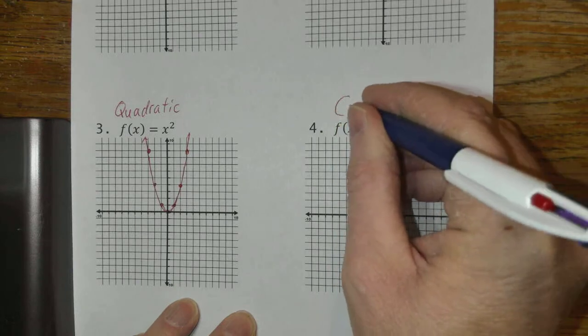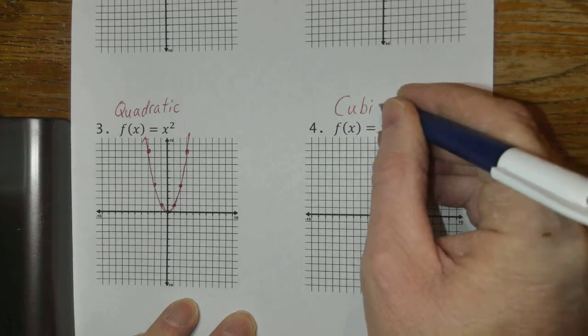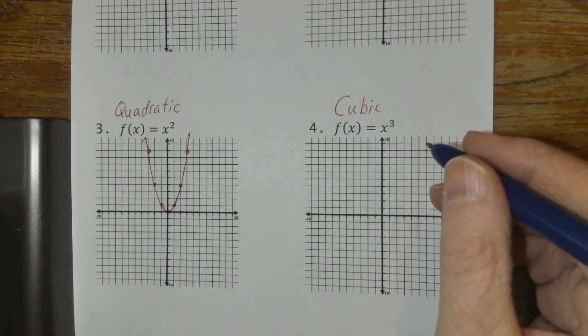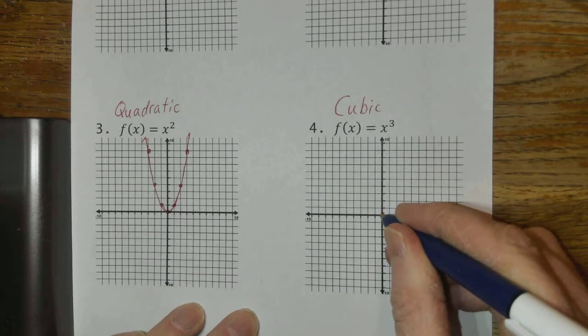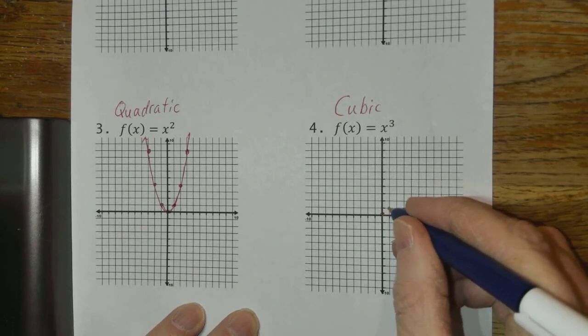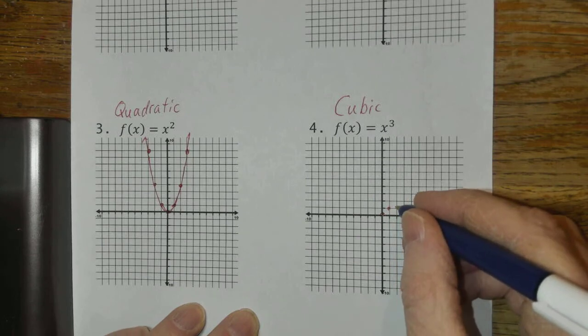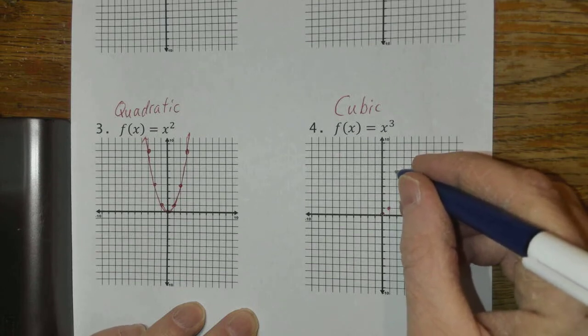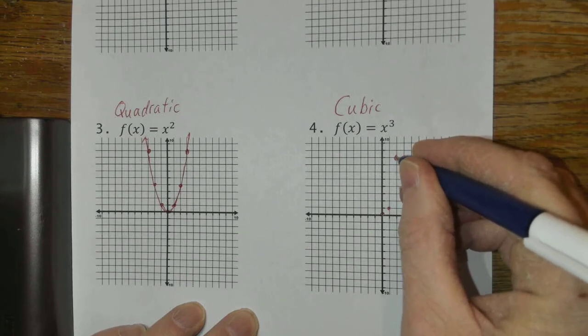This is a cubic function for our parent function. And 0 to the third power is 0. 1 to the third power is 1. 2 to the third power is 8.